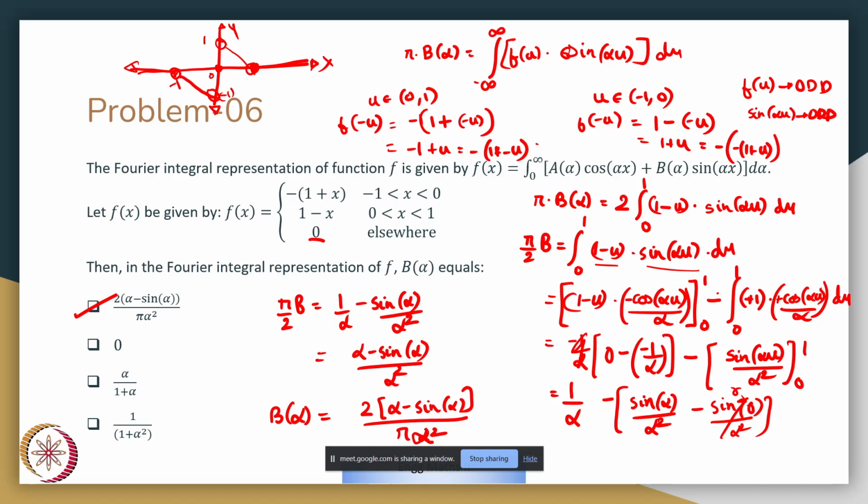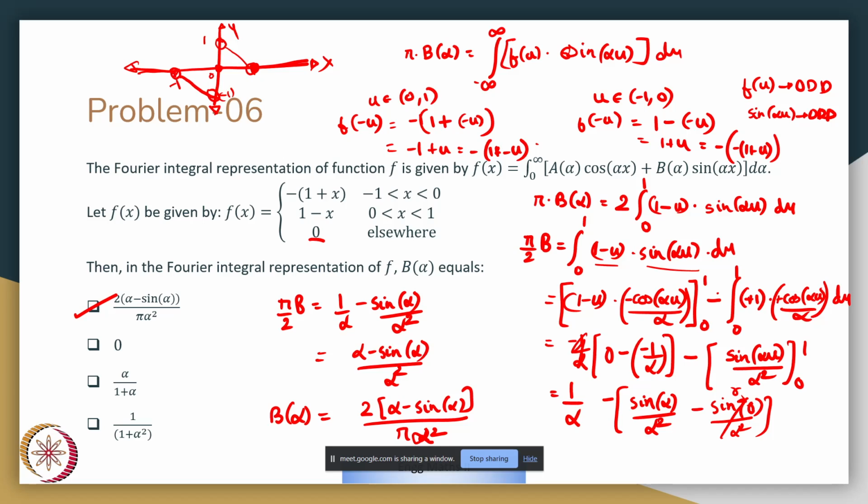Whereas if in this case we were interested in a of alpha, then our integrand would have looked like f of u cos of alpha u. That's a product between an odd function and an even function, which is again an odd function. And so we wouldn't have been required to calculate A of alpha at all. We could have directly written it to be 0.